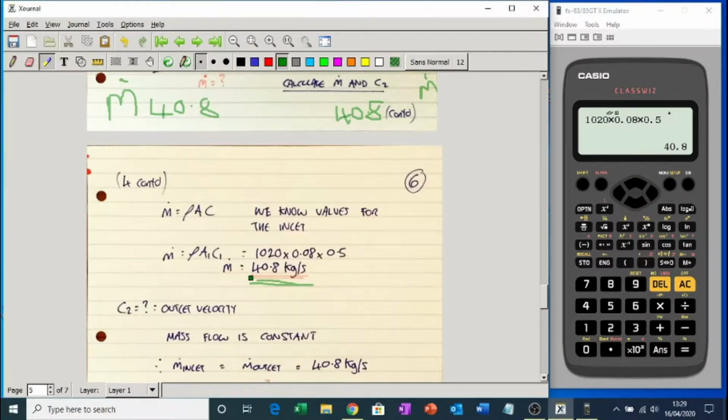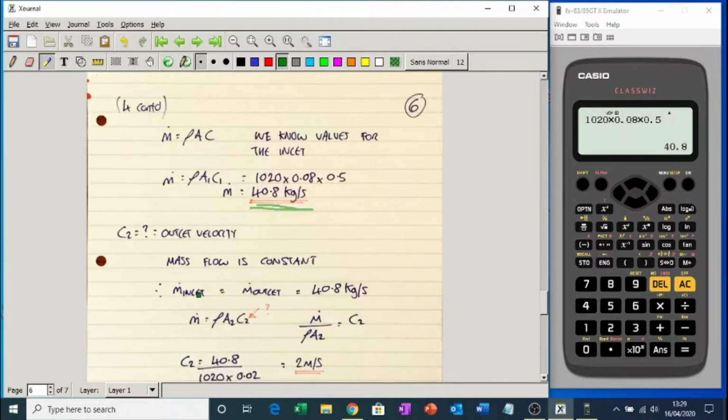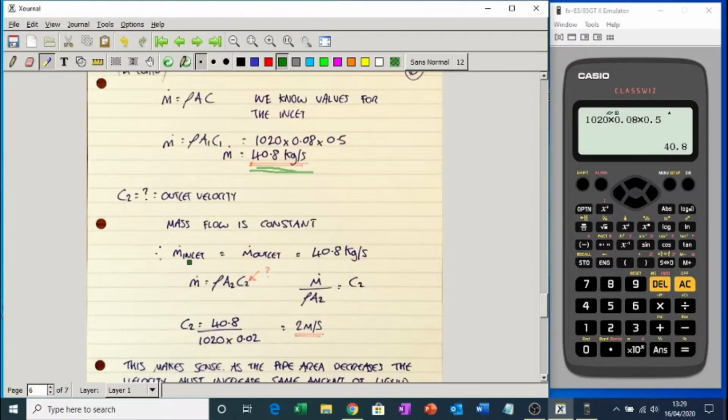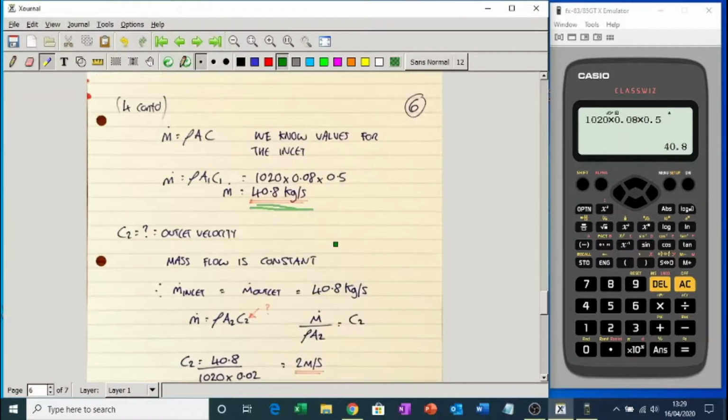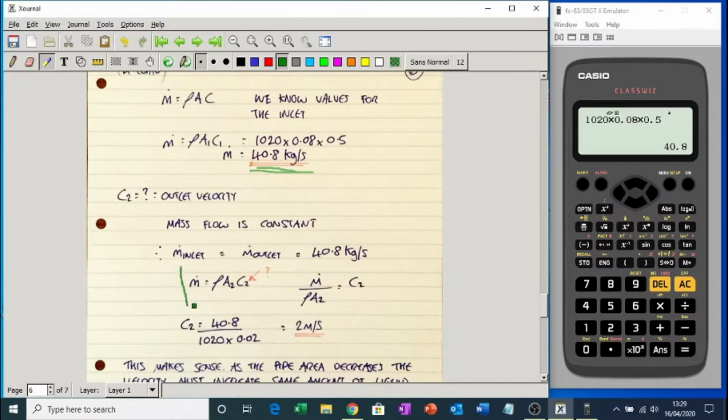So I know the mass flow rate is 40.8 each side. I know the mass flow rate is constant. So mass flow rate in has got to be the mass flow rate out, 40.8. So I've got 40.8 coming in, 40.8 coming out. So here's my formula. I know the mass flow rate coming in.